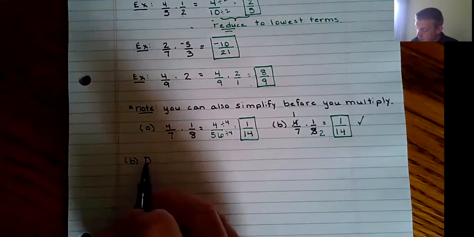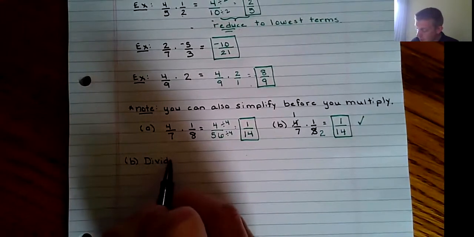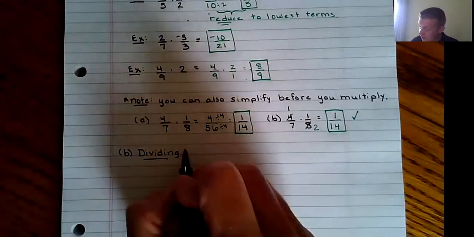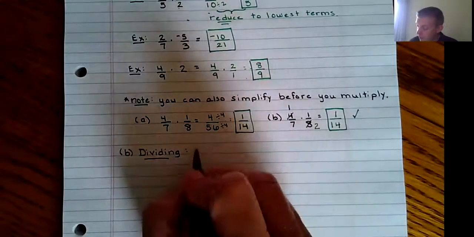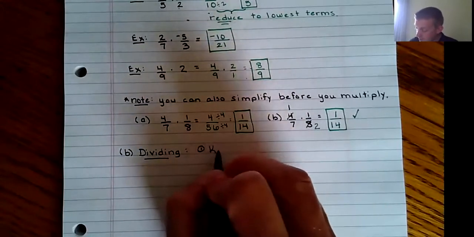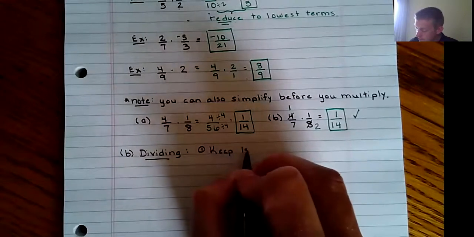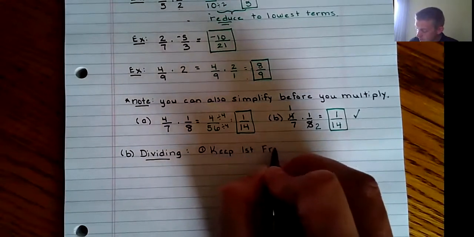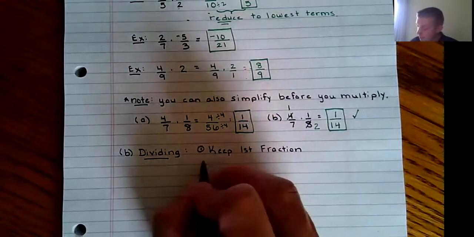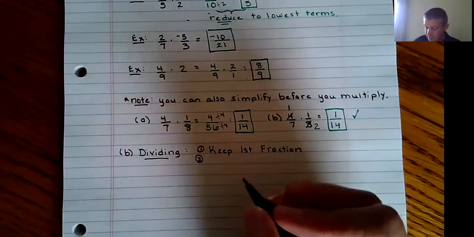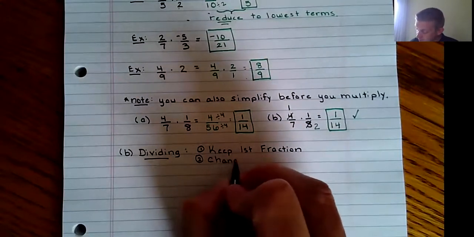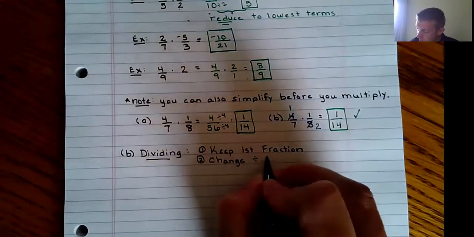So dividing is almost the same as multiplying with one additional step at the beginning. So when you divide, the first step, you keep the first fraction. Second step, instead of dividing, we're going to multiply. So change division to multiply.